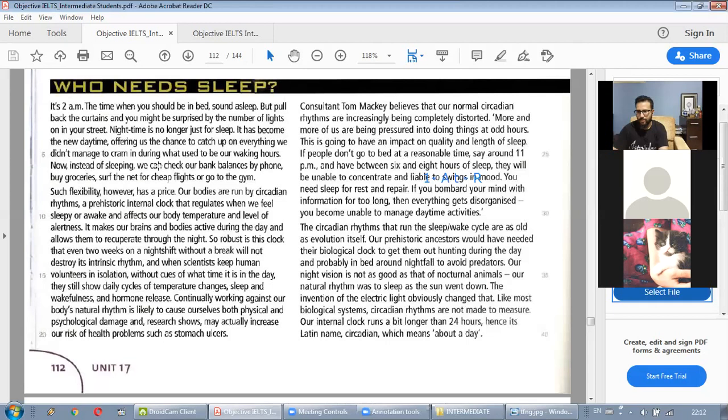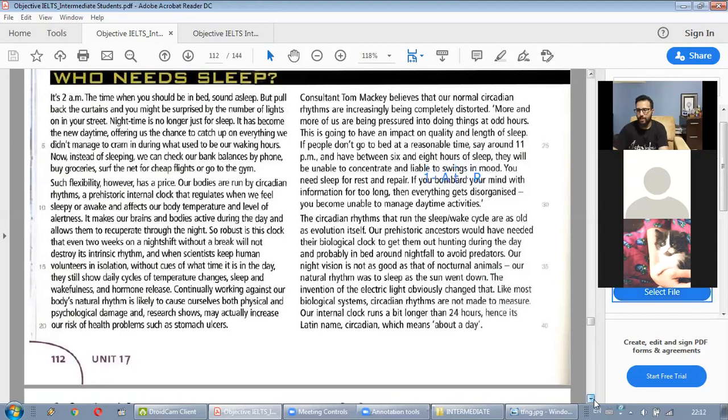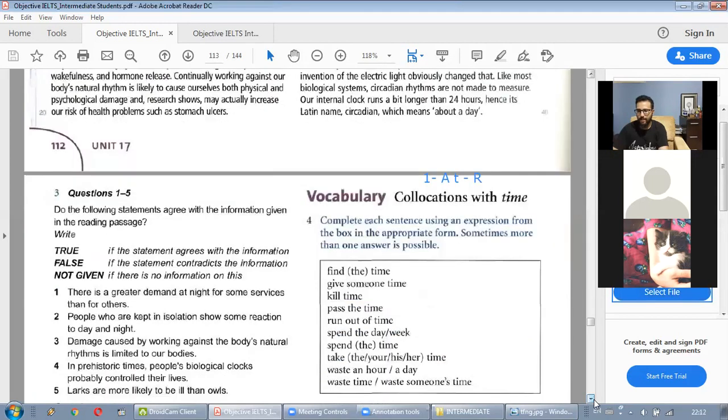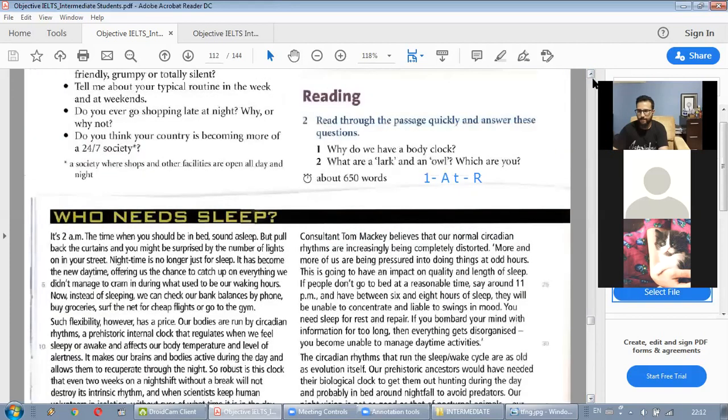I got it from nighttime is no longer just for sleep, it has become the new daytime. And the question is saying there's greater demand at night for some services than for others.